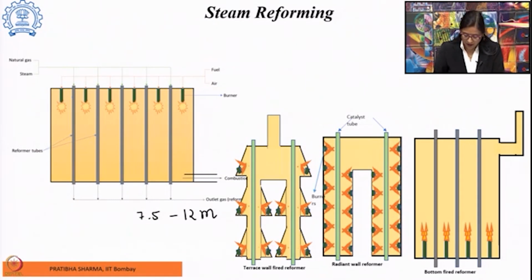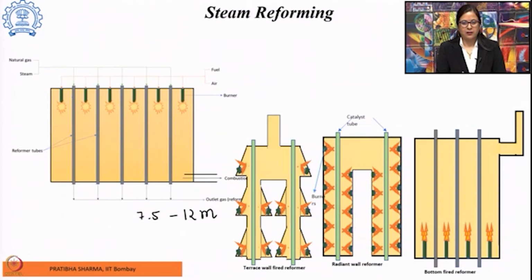It could be a terrace fired reformer, wherein from the sides the burners heat the catalyst filled tubes, with burner locations on the walls. Or it could be a bottom fired reformer, where the burners are located at the bottom.